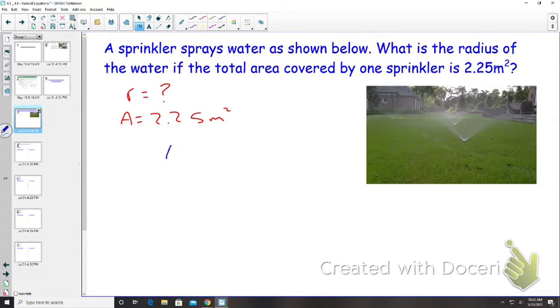Area of a circle is equal to pi r squared. If we know our area, and of course we know pi, we just need to write it in terms of r. Right now it's A equals pi r squared. We want it so r is equal to whatever.